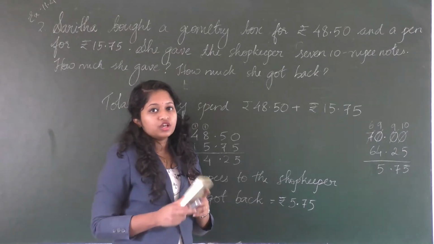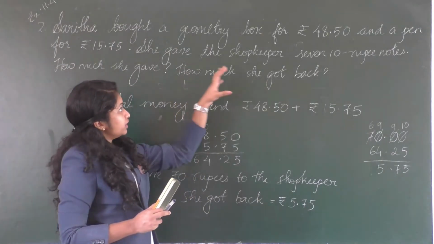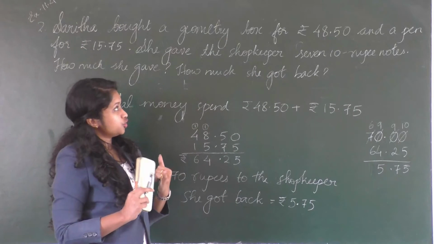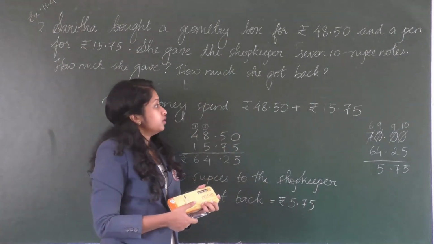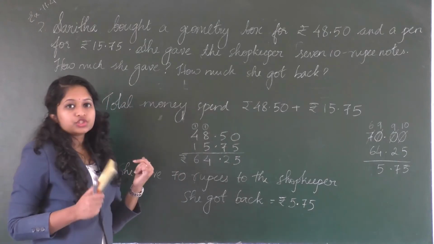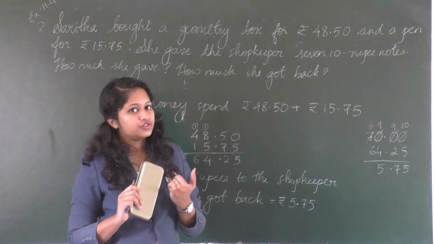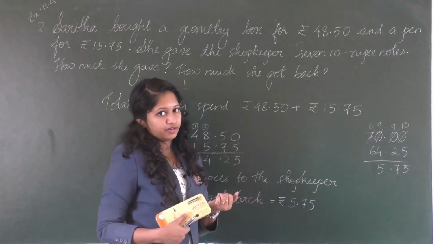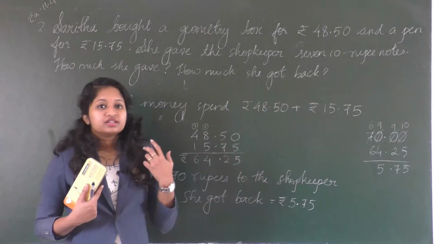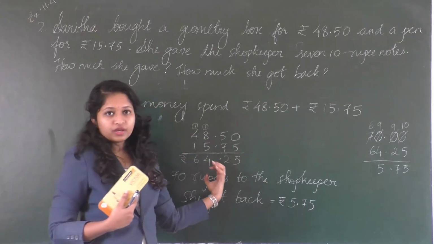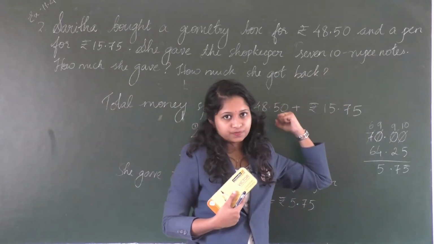To find this, we should find the total money for the geometry box as well as the pen. So for that we should add the cost of the geometry box and pen, and after getting that we can subtract this from the total money given.